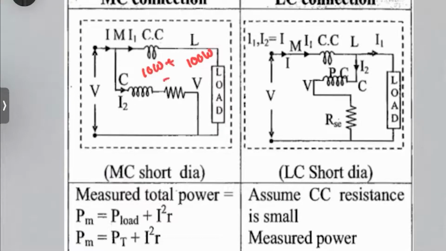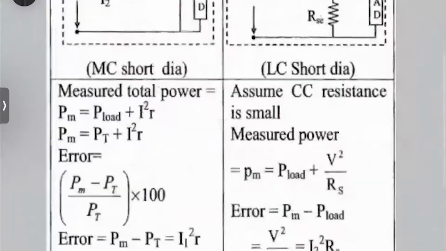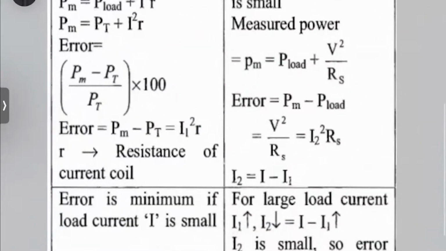So the total power is measured as 110 watts. It has to measure 100 watts, but because of this type of connection it measures 110 watts. So some error is there in this connection.